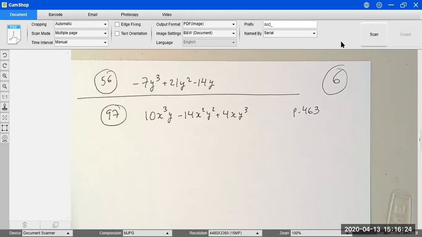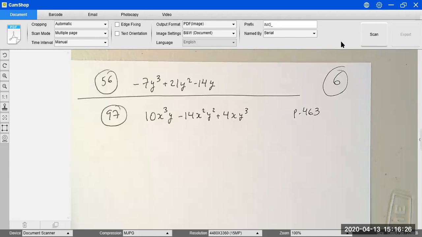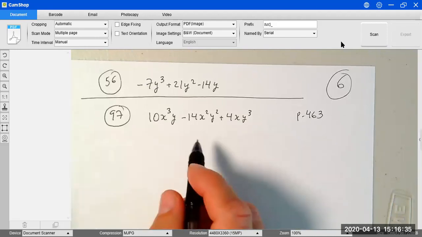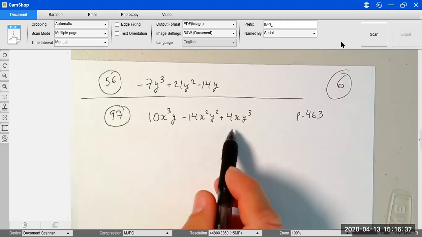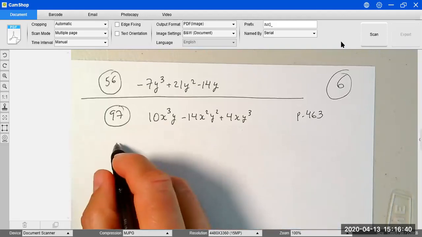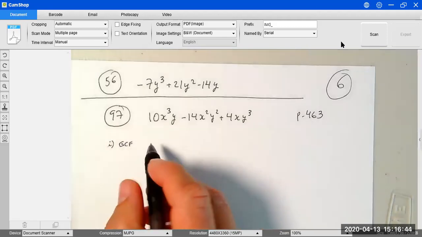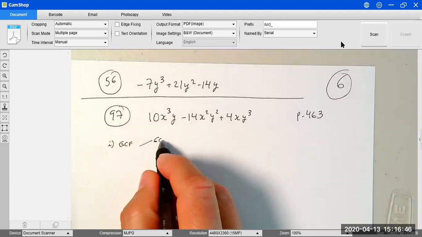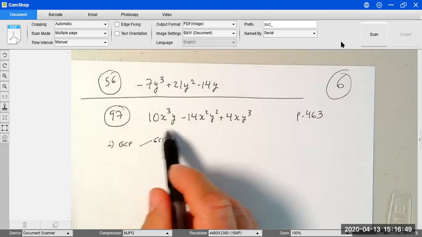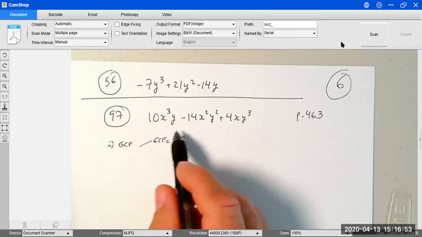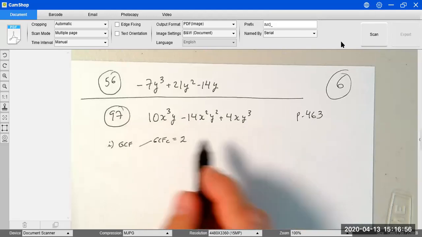So now I have problem 97 from page 463. That is going to be the last problem that we're going to solve from section 6.5 about a general factoring strategy. So we have 10x cubed y minus 14x squared y squared plus 4x y cubed. So first, we're going to find the greatest common factor, if there is any. So the greatest common factor for coefficients, you can check that only 2 divides evenly these three coefficients.